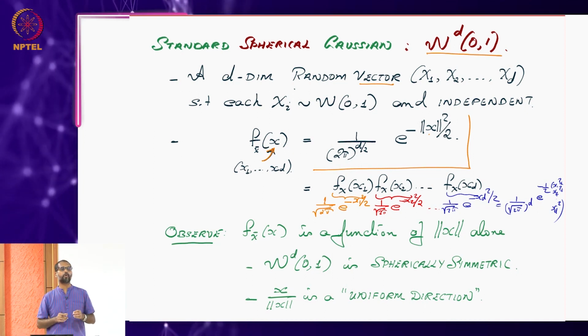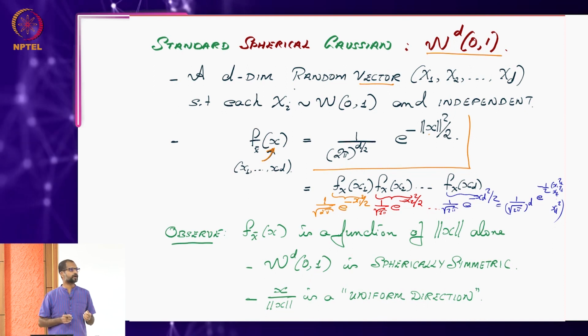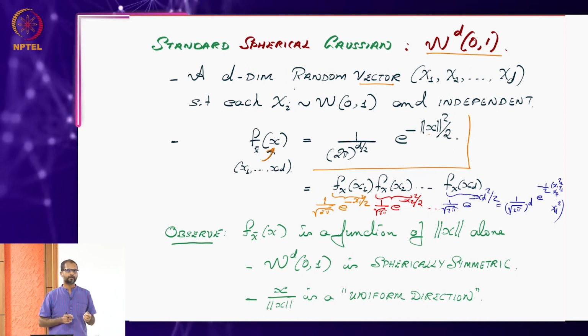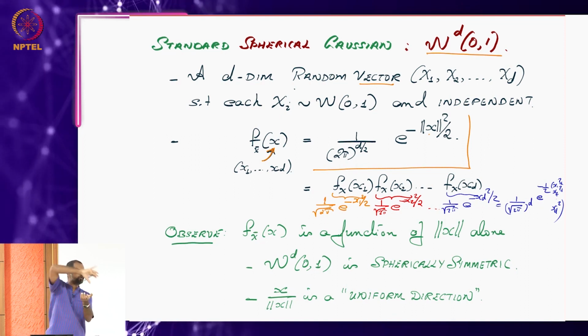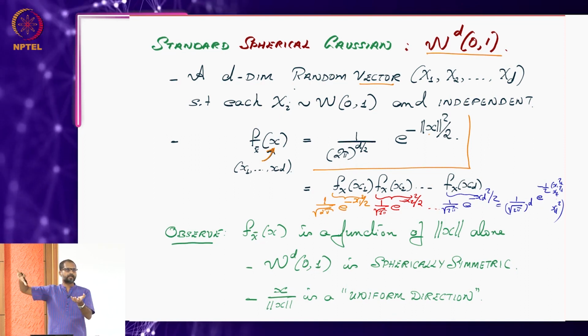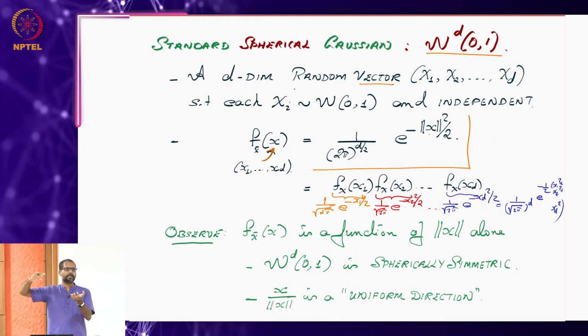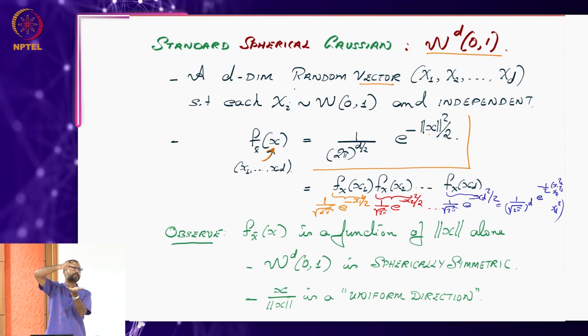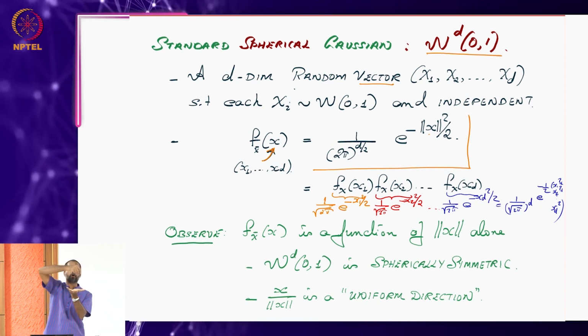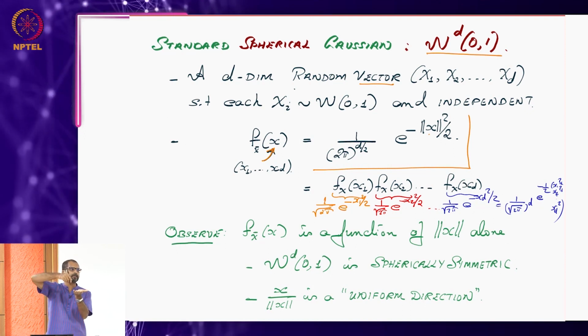What are all the vectors whose norm is 1? The points on the unit circle. So, if you imagine the two-dimensional spherical Gaussian density curve, along this circle the height is going to be the same. If you do a contour plot, you are going to get this unit circle.